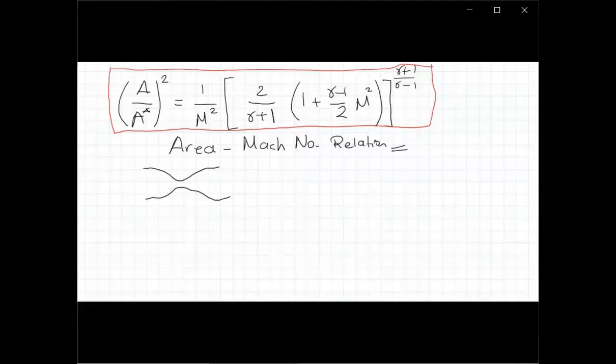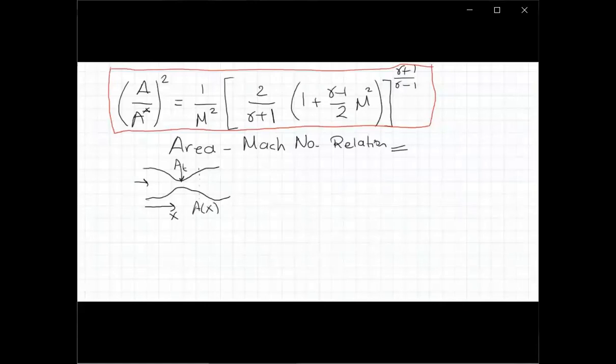right? So let's say flow is coming from left to right, and this is our x-axis direction. So at any location, basically, area is a function of x. So if you are interested in finding this, and let's say there is a minimum area location, a throat area.